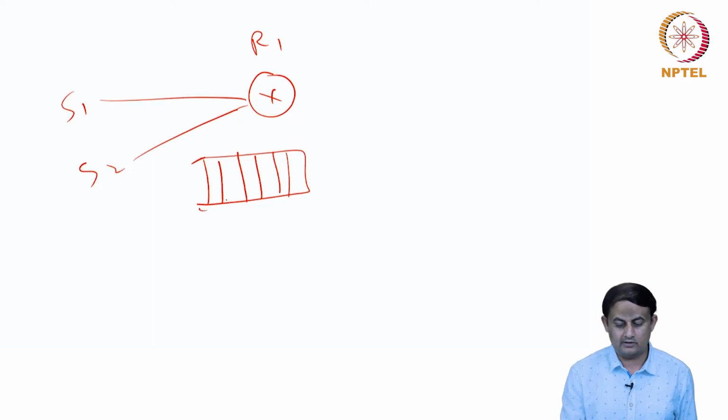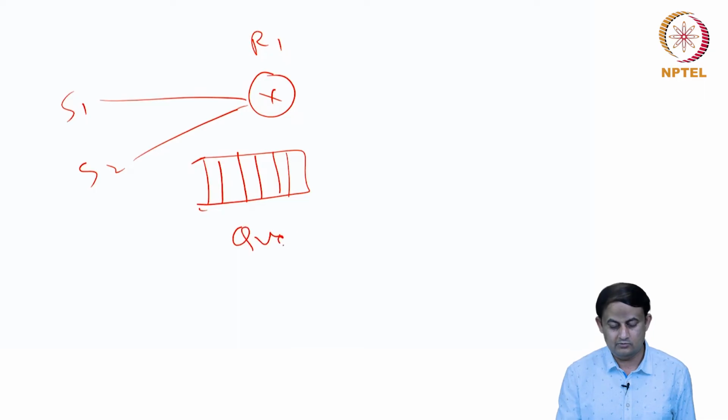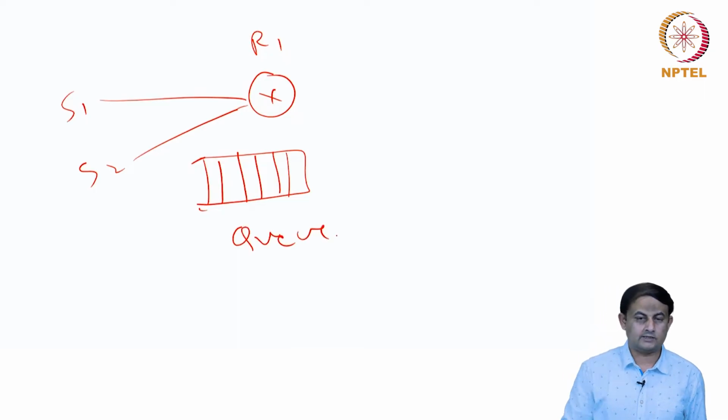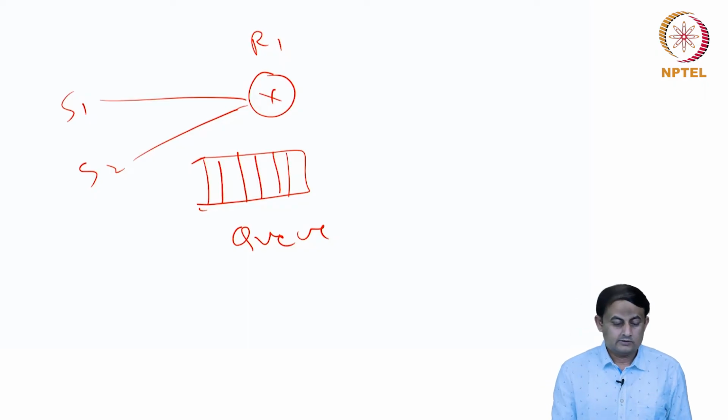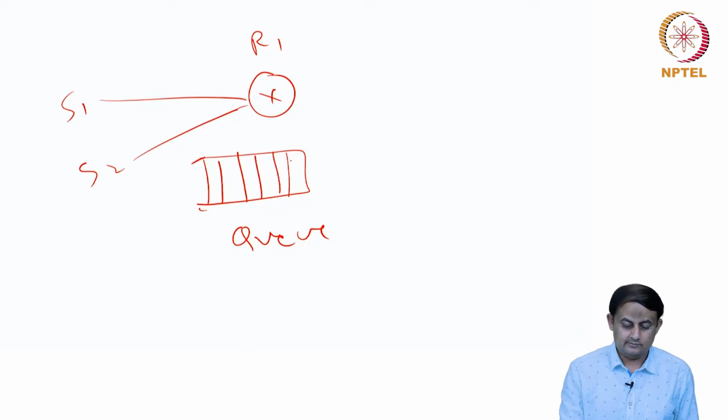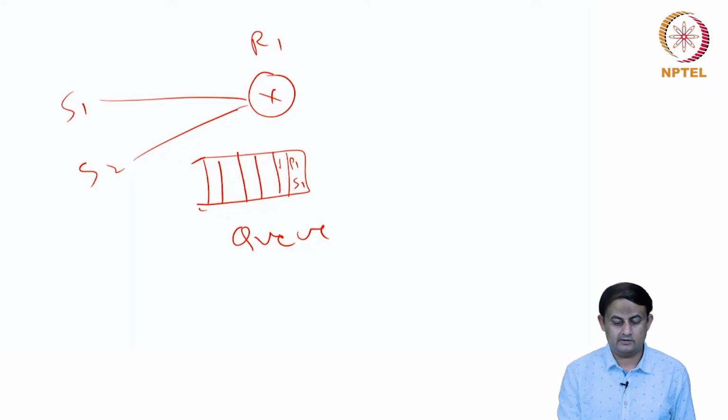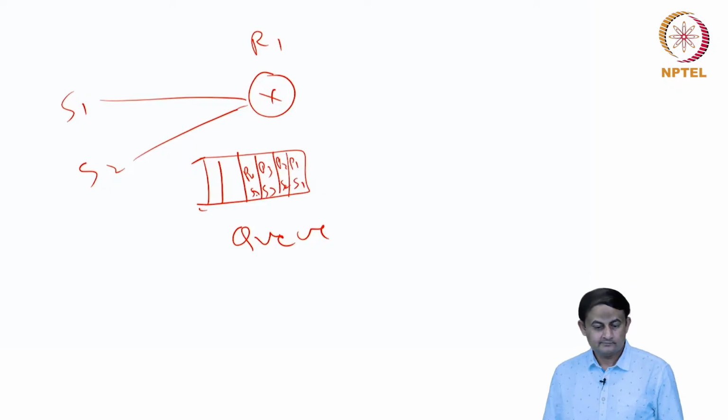This you can also call the queue, and the packets coming from S1 and S2 are put into this queue. So let's say packet P1 is coming from S1 and is put here, packet P2 is coming from S2, packet P3 is coming from S3, P4 from S1, and so forth, something like this.